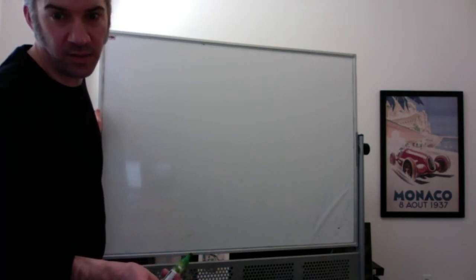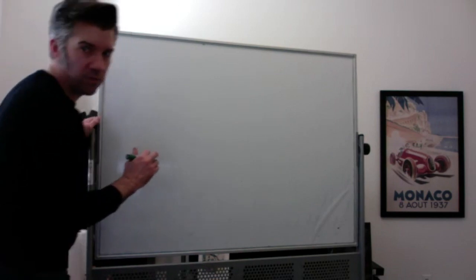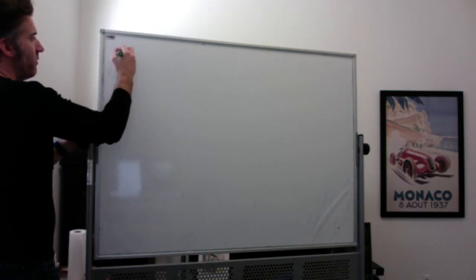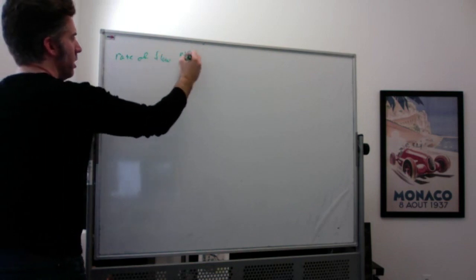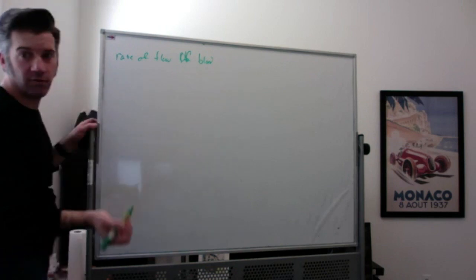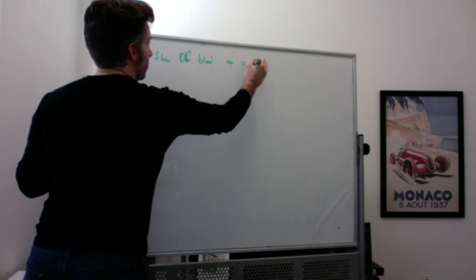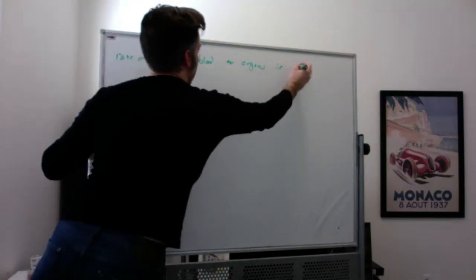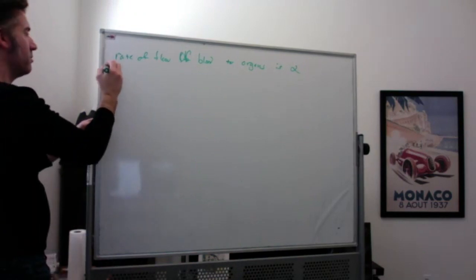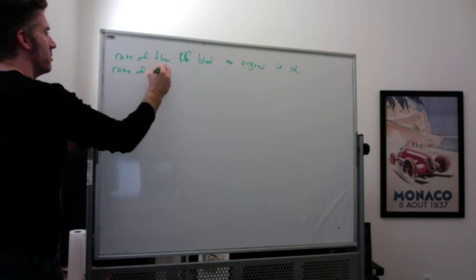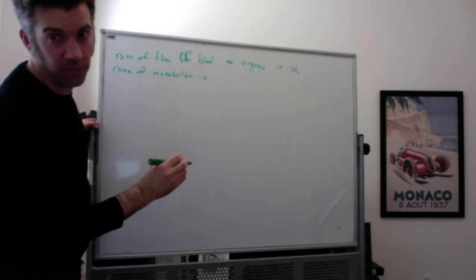So let's look at this problem, which I guess is number 53 in section 4.3. If the rate of flow of blood to the organs is alpha, and the rate of metabolism from the organs is beta.